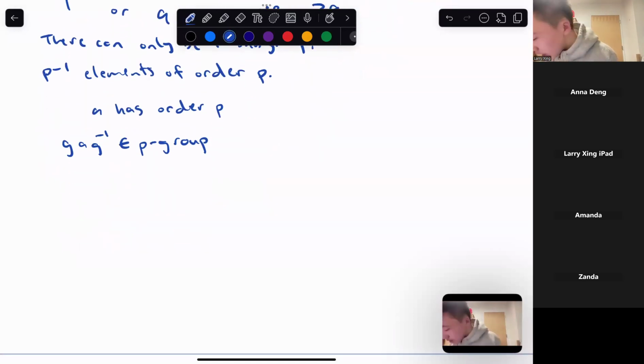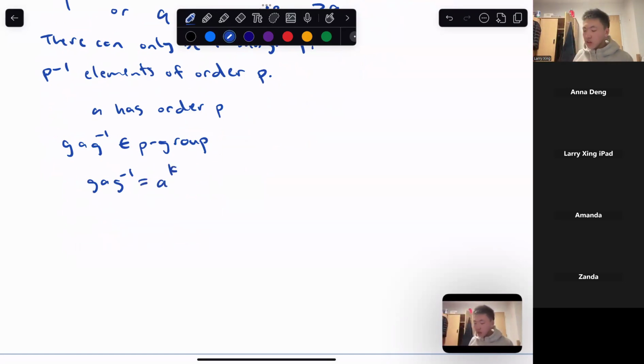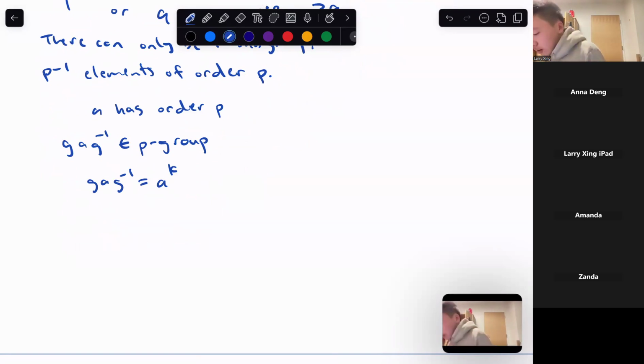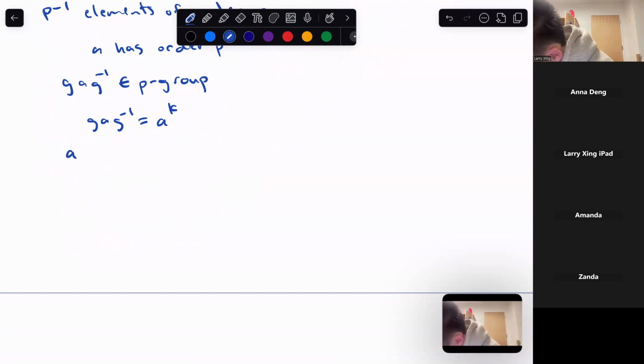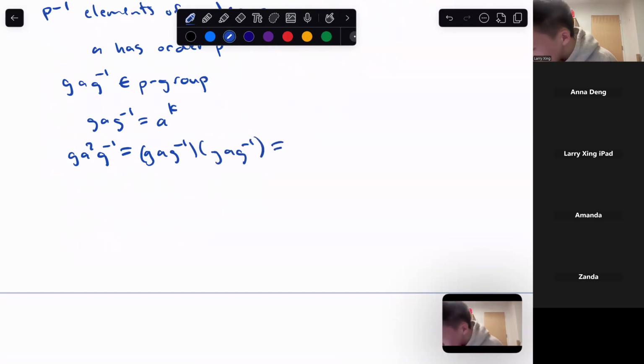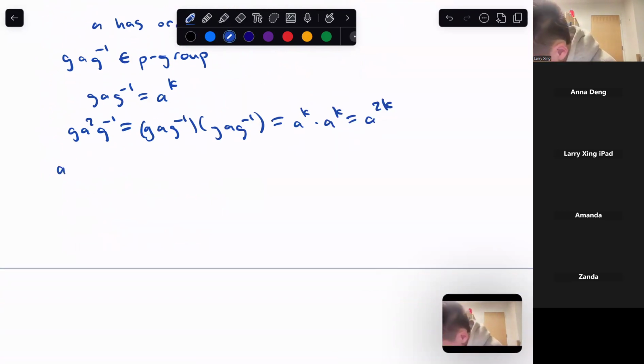So that means that GAG^-1 must equal A^K for some power K for this specific A. And what you'll realize as well is (GAG^-1)^2 must be equal to GAG^-1 times GAG^-1, which is equal to A^K times A^K, which is A^2K.